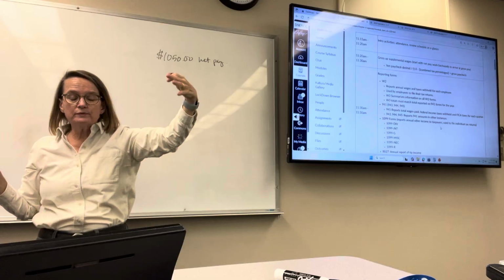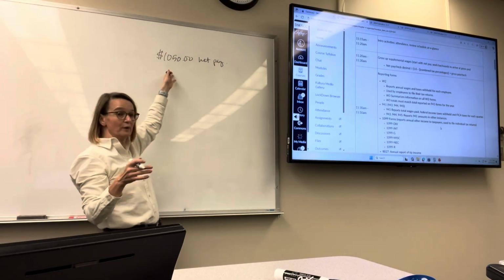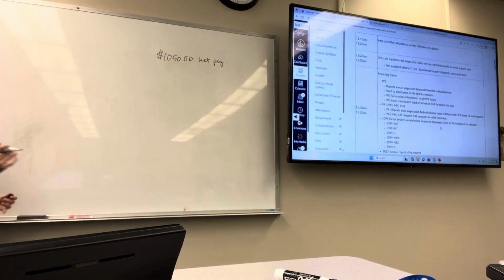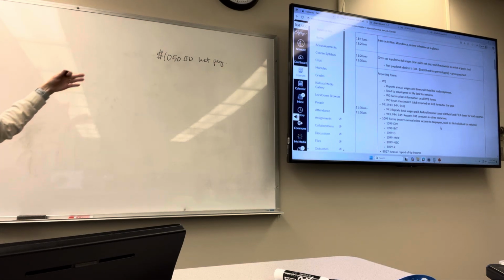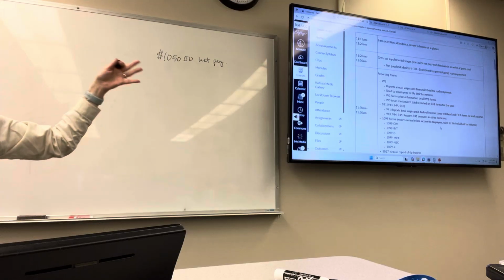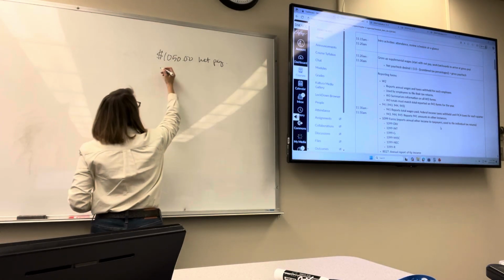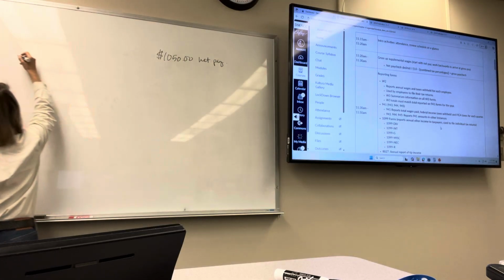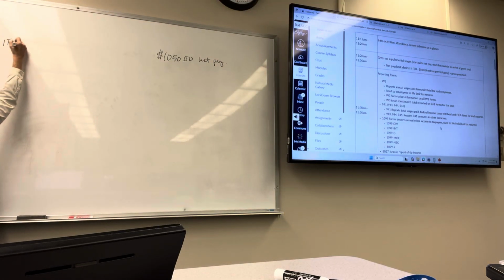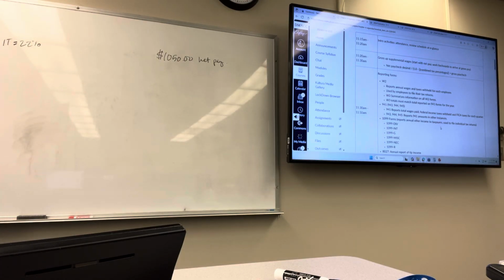So one piece of information that we need to know, in addition to what we want their net pay to be, is what are the tax rates for the taxes that they are going to be subject to. So if it's a bonus, and in this case we really would only be using this with a bonus, we're going to use that 22% flat tax rate for bonuses.